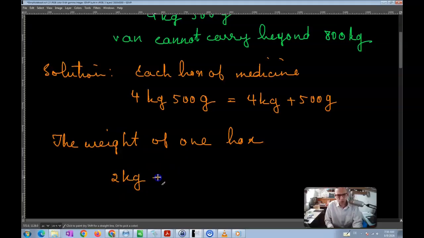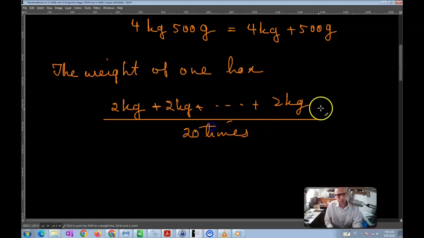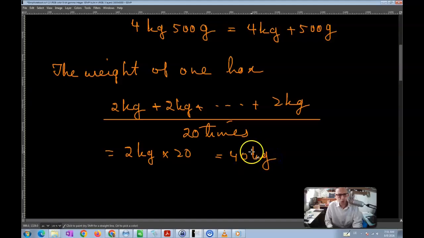It's going to be 2 kilograms plus 2 kilograms plus and so on and so forth, and since I have 20 of these boxes, that would be 20 times. So instead of adding 2 kilograms to itself 20 times, I'm going to write 2 kilograms times 20, which is 40 kilograms. Then the total weight of all 20 boxes together is going to be 40 kilograms, right?